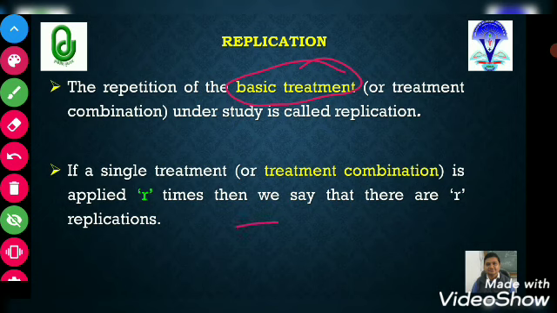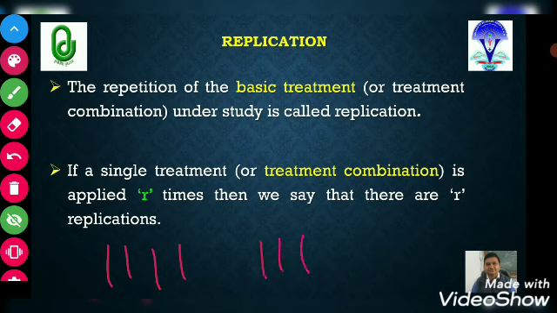Basic treatment means, suppose you have three groups of animals, 1 2 3 4, then 1 2 3 4, then 1 2 3 4. So you have three groups of 4 animals each. Now you want to apply a treatment.